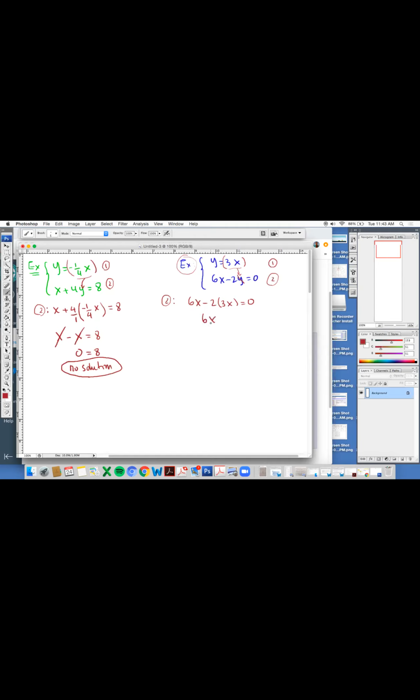And I get 6x minus 6x is 0. Basically these cancel out. 6x minus 6x is 0, and I get 0 equals 0. Okay, so like in the last problem, the variable is gone, but now I get something that is true. So this is true. This means infinite solutions.